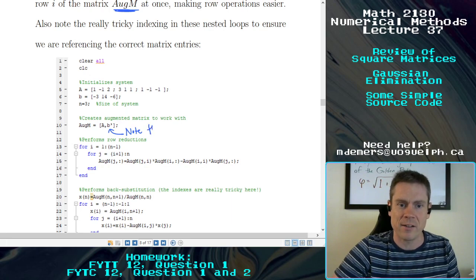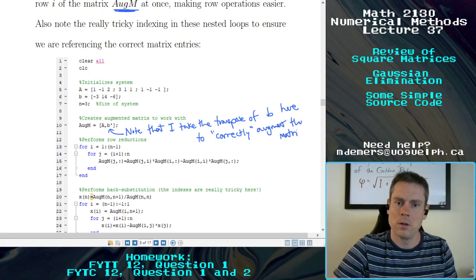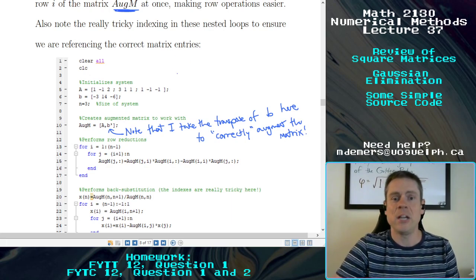So note that I take the transpose of B here to correctly augment the matrix. Otherwise, here's the issue, right?